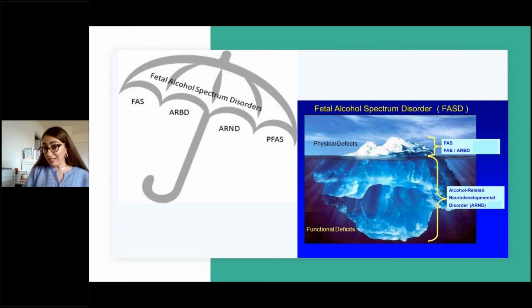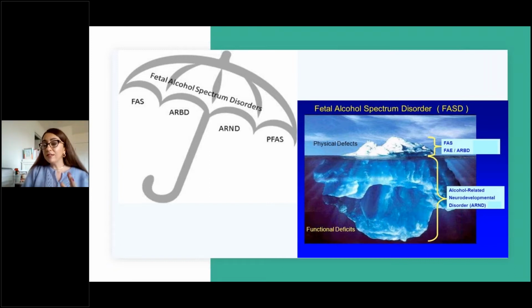Well, as you can see in the lower part of the iceberg, that represents the rest of the children who do not have the facial features. However, they do have what we call the functional deficits of FASD. And all of these functional deficits are things such as difficulties with memory, problems with cognition, difficulties with adaptive skills, some motor skills, behavioral dysregulation, and so forth.